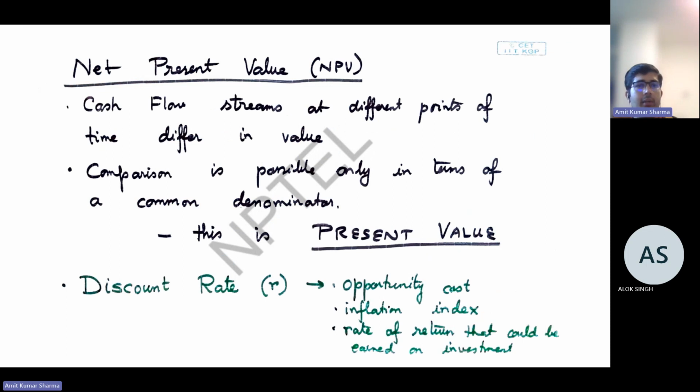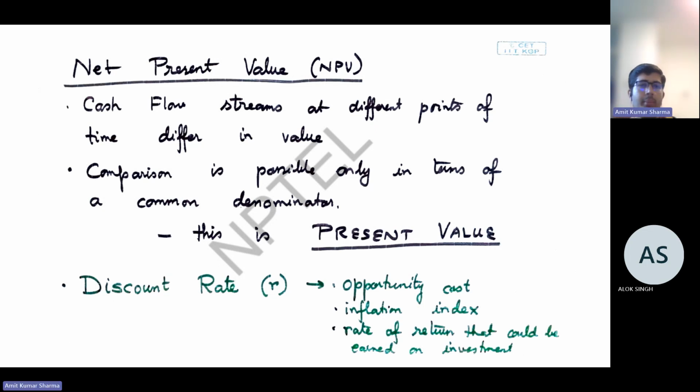Then the net present value. Cash flows at different points of time differ in value. So comparison is possible only in terms of a common denominator, and this is the present value.